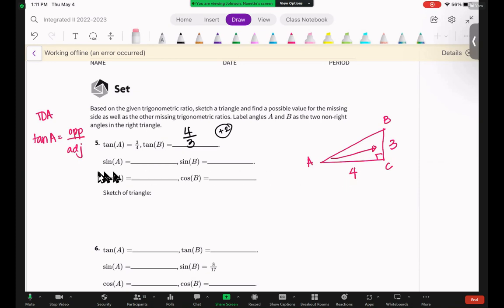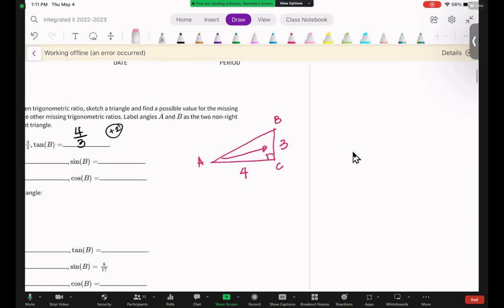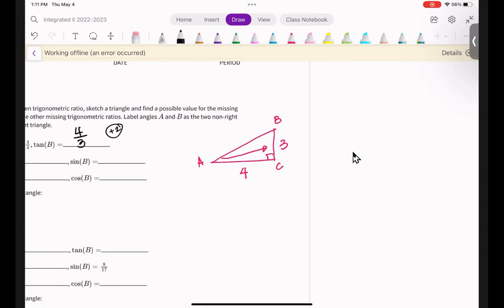Okay, so the next thing they ask us to do is to find the sine and the cosine of A and B. So the only way you could do that is if I know the hypotenuse. And some of you are thinking, I don't know what the hypotenuse is, Ms. Johnson. So whenever you are sitting with a right triangle, there's right triangle tools that we have talked about.